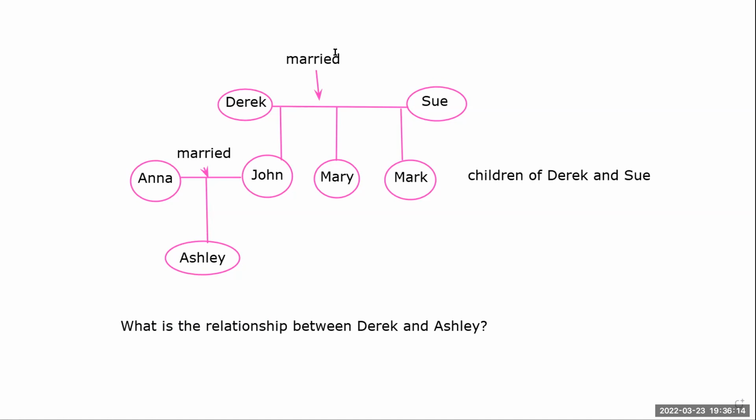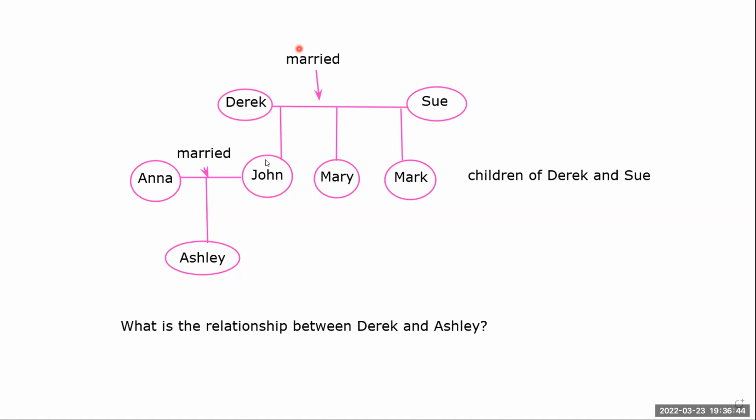Ashley's parents are the children of Derek and Sue, right? So that means that Derek is Ashley's father's father. So what does that make Derek to Ashley? Grandfather. Right. So Derek is a grandfather and Ashley is a granddaughter.